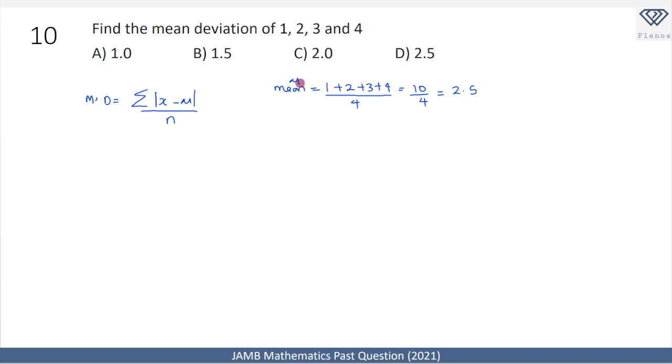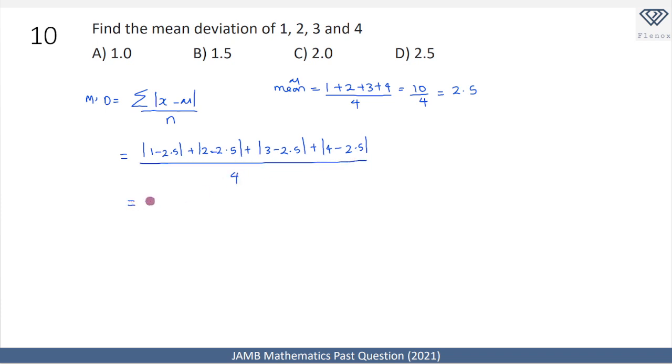So now we know the value of mu, and we can use that to find the mean deviation. We need to subtract our mean from each of these values, but using the absolute value. So we have 1 minus 2.5, plus 2 minus 2.5, plus 3 minus 2.5, plus 4 minus 2.5, and we have 4 numbers altogether.